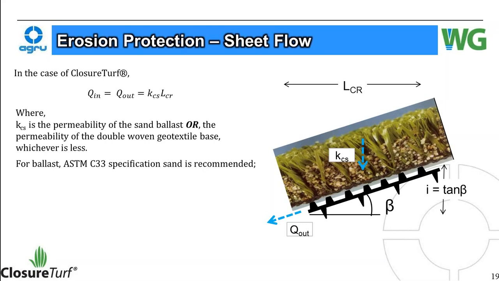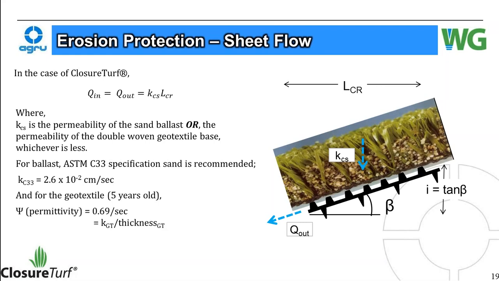Now for ballast, we use an ASTM C33 sand, which we've measured permeability at this level here, 2.6 times 10 to the minus 2 centimeters per second. And for the geotextile, which was 5 years old from a site in Missouri, permittivity of 0.69 per second.